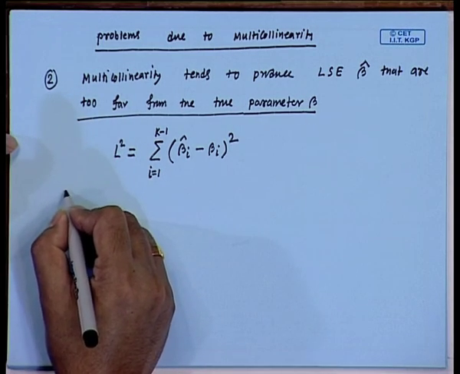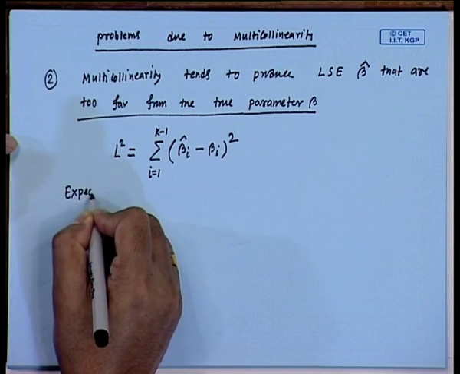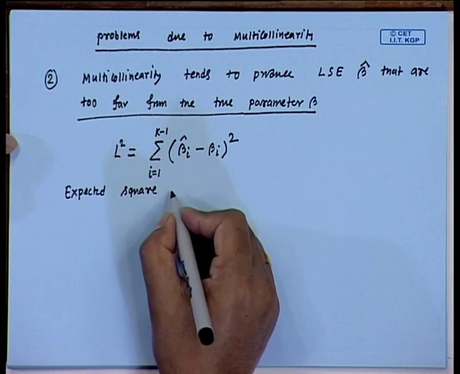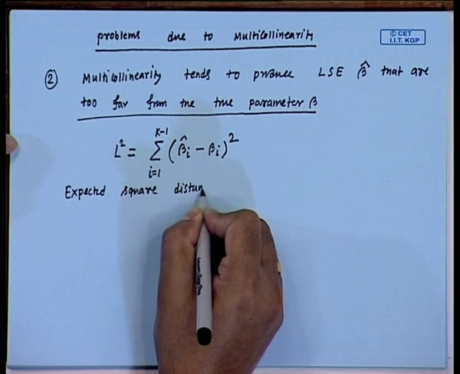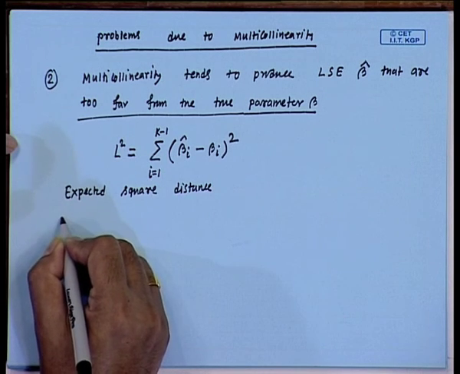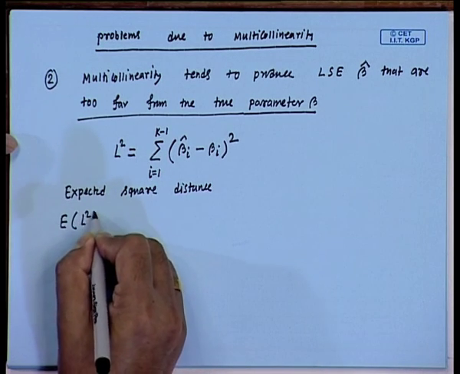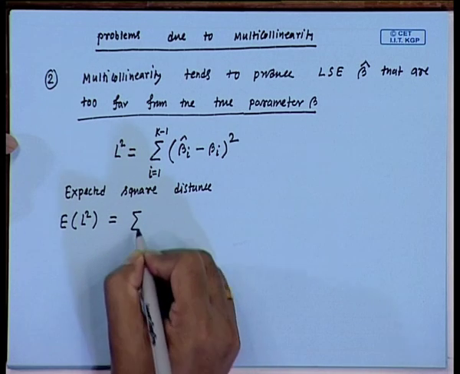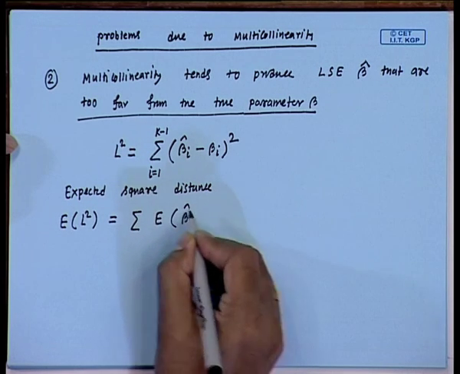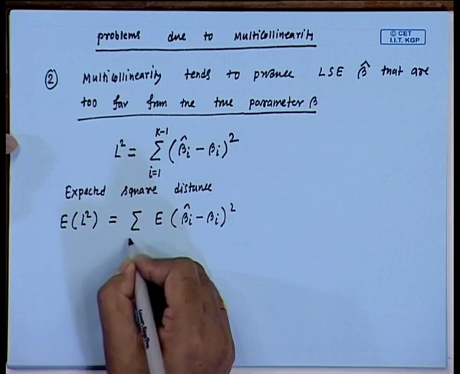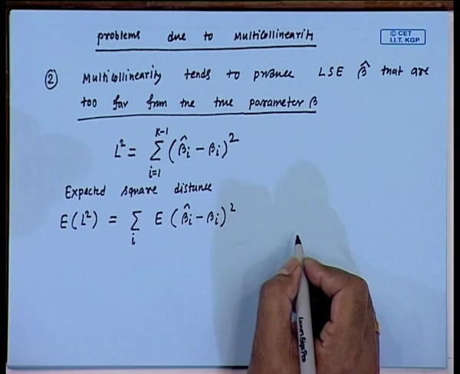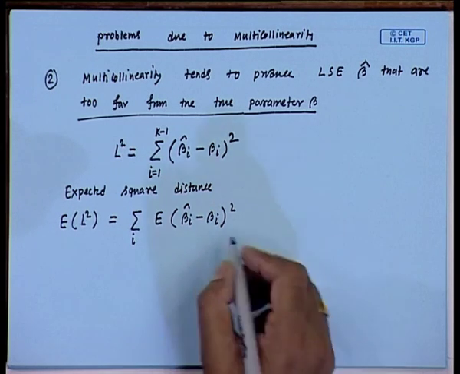The expected square distance, which we denote by expectation of L square, is equal to the sum over all I of expectation of beta I hat minus beta I, squared.